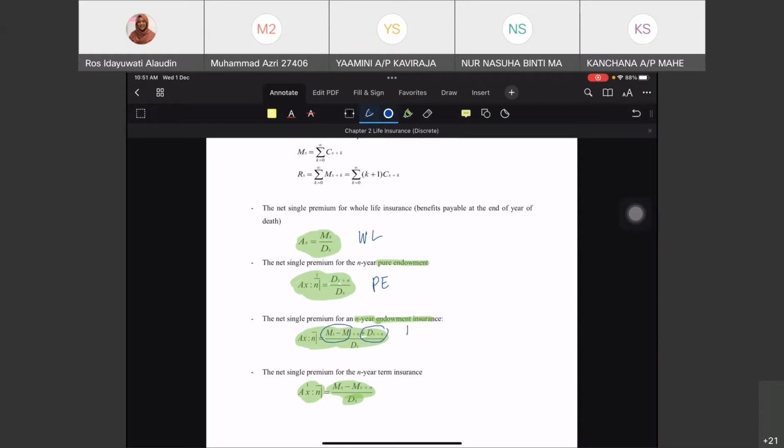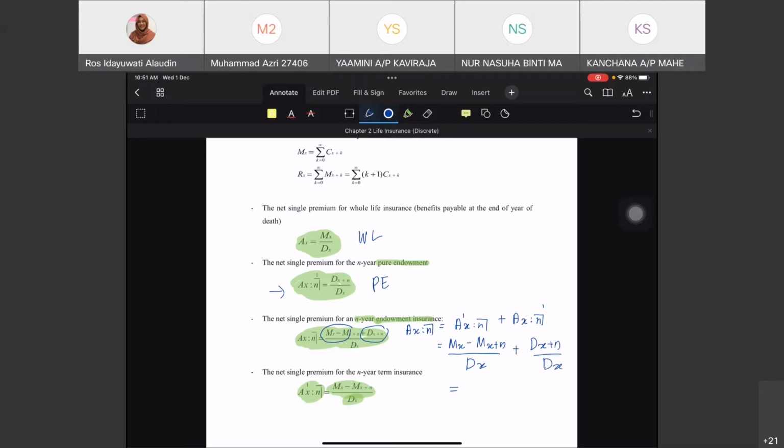So endowment is term plus pure endowment. Term insurance is Mx minus Mx plus n over Dx, plus for the pure endowment is Dx plus n over Dx.